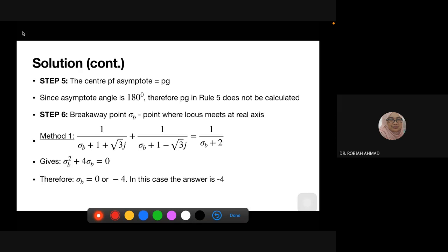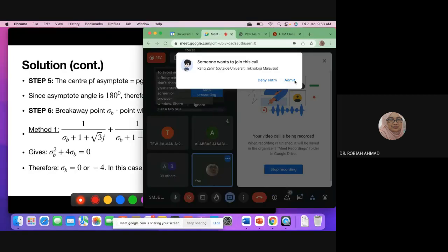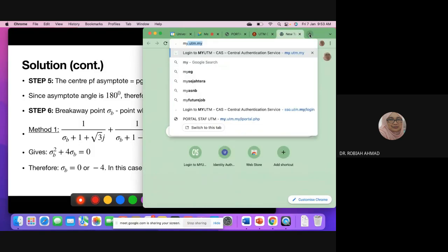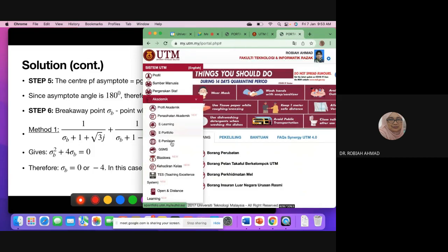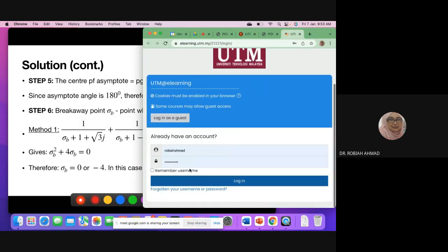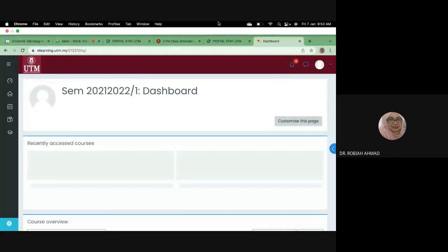Step, kecilkan ni. Can you see my e-learning here, class?